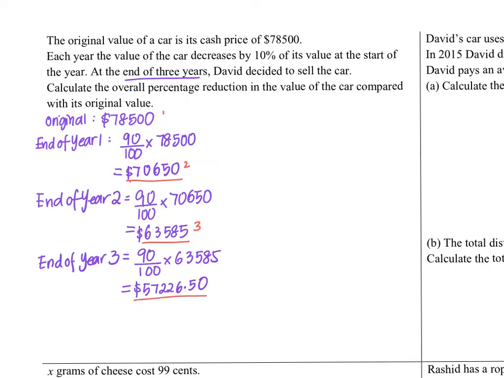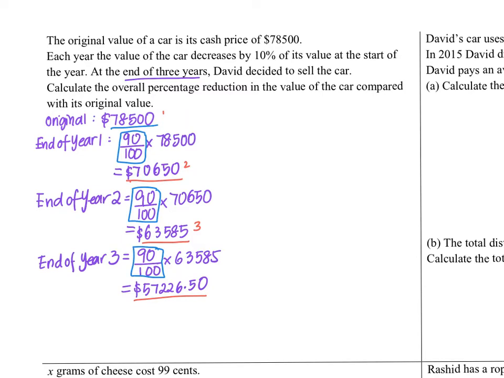Now notice that we repeated something along the line. From the number 78,500, I have multiplied it by 90%, 90% a second time, 90% a third time. So if your concepts are good, you can actually see a particular pattern.